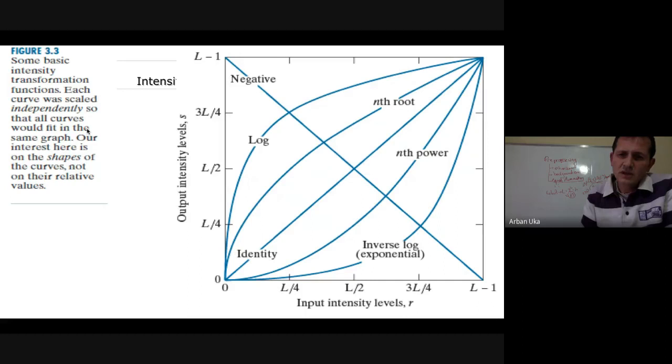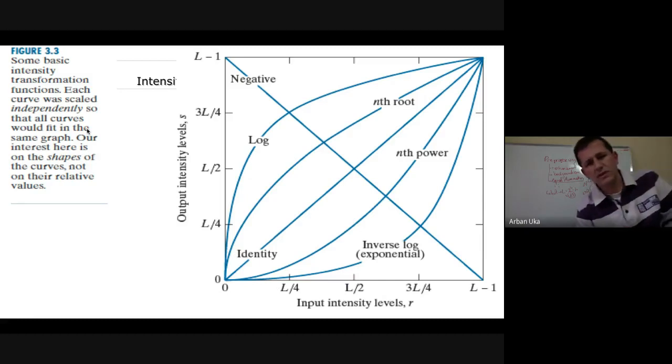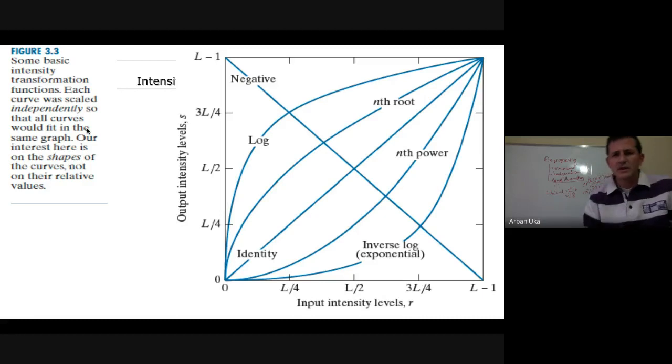Now, the two extreme cases of the intensity transformations are the negative, which is the negative of the original image, where the darkest regions are transformed into the brightest regions of the image, and the inverse of this one, which would be the identity function.